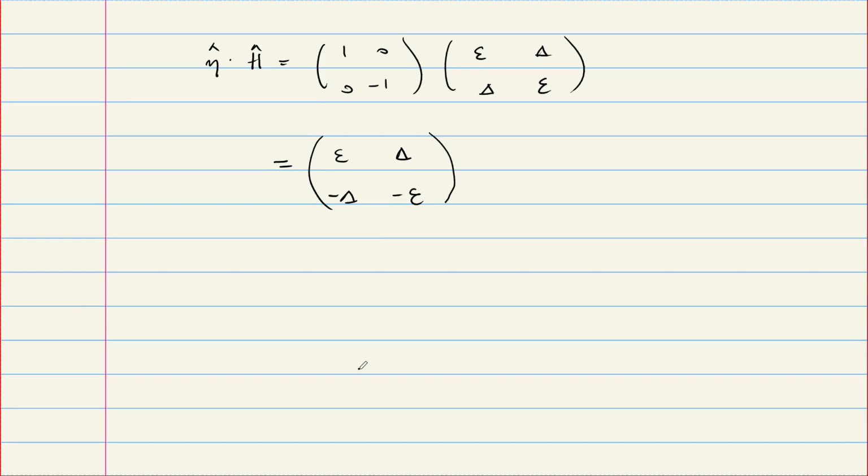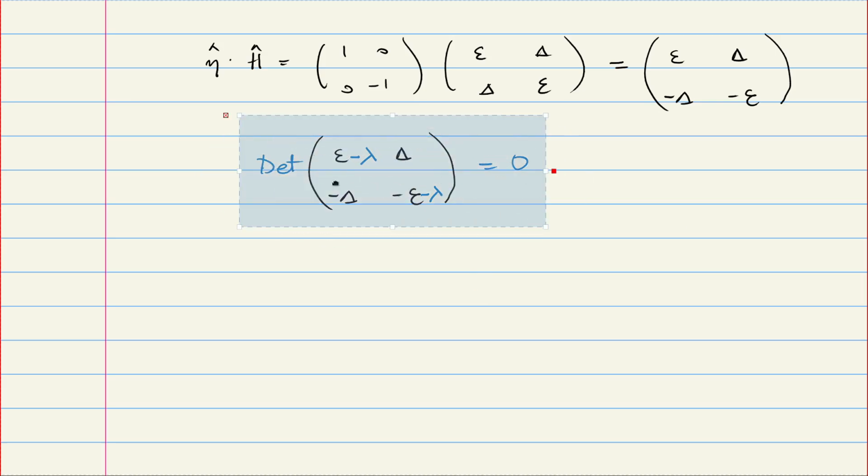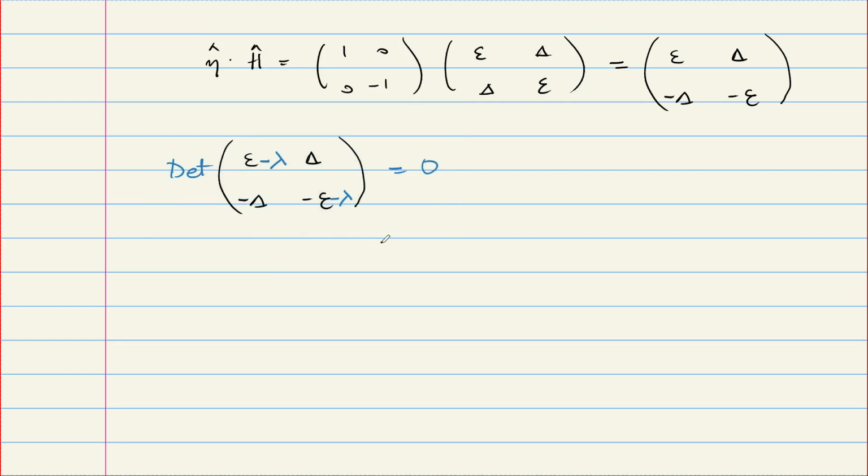So let's find eigenvalues. It is simple. For the eigenvalue, I'll just put minus lambda here, and I'll calculate the determinant equal to 0. And this is going to give me epsilon minus lambda times minus epsilon minus lambda, minus minus is plus, delta squared is equal to 0.